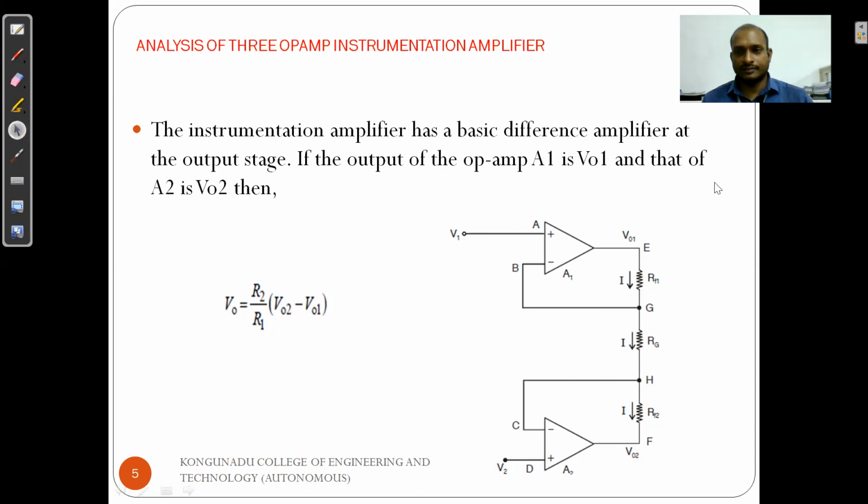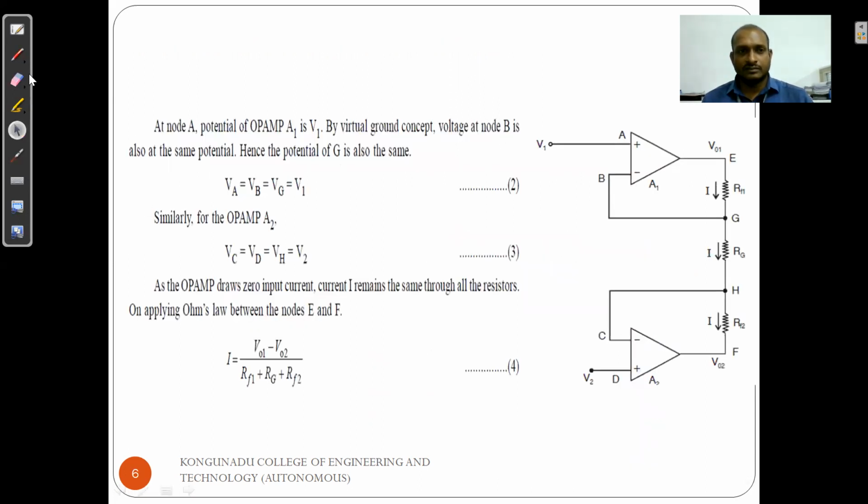The next step. From this diagram, at node A the potential is V1. Due to the virtual short concept, node B also has the same potential. So A and B have the same potential, that is V1. Also G has the same potential as node A and node B. So we write VA equals VB equals VG equals V1.